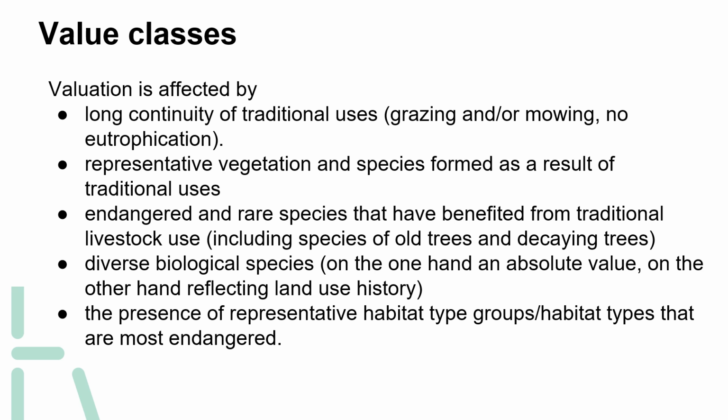A diverse biological species composition. So maybe there are a lot of different plants, and maybe the area has been mowed, and then this diversity reflects the long use of the area.